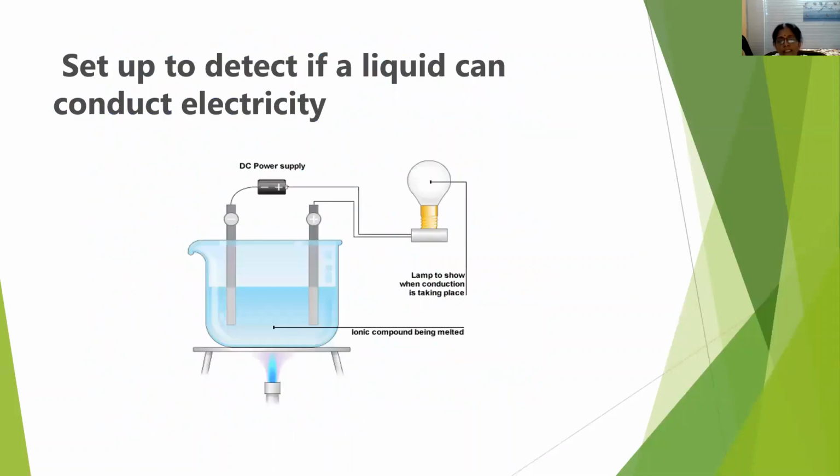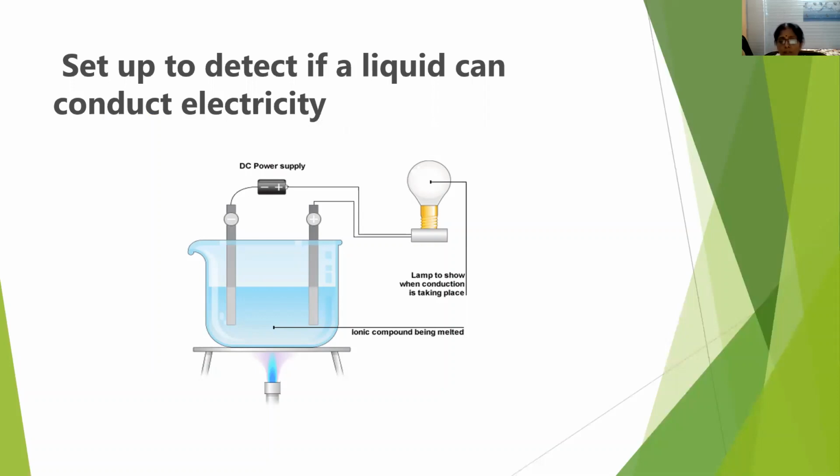Now, how do we find out if a liquid can conduct electricity or not? By using a tester. A tester should consist of two conducting wires, two terminals. The free end of the conducting wire is attached with the battery, and the other two free ends of the conducting wire are attached with the bulb.